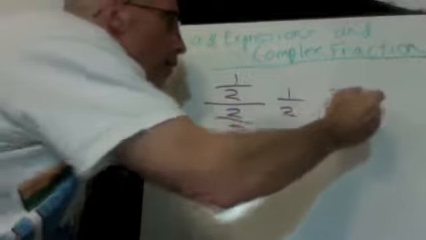Well, you know you flip that one and you make it multiplication. Well, you do the same exact thing. So flip this one, makes it 3 halves, and it'll make that multiplication. And then you just go top times top, bottom times bottom, and I would end up with 3/4. Okay, does that make sense?